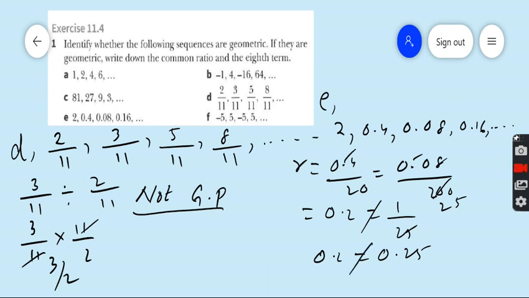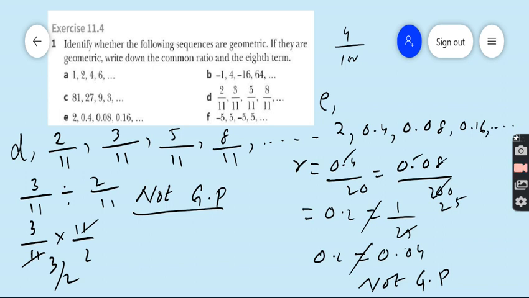I will check again. 4/100, so 0.04, sorry. So 0.2 cannot be equal to 0.04. So it is not a geometric progression. So in part E and in part D, both are not geometric progressions.